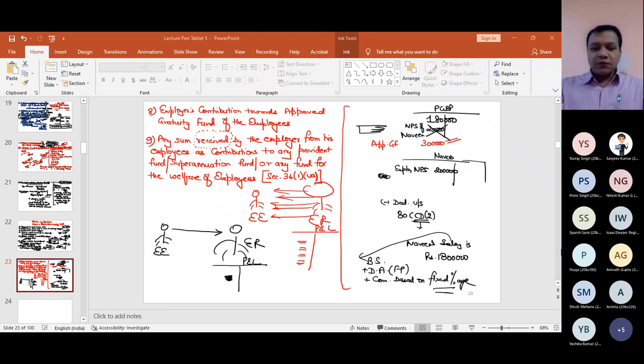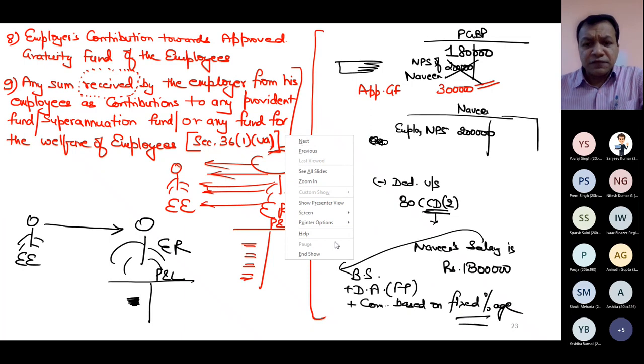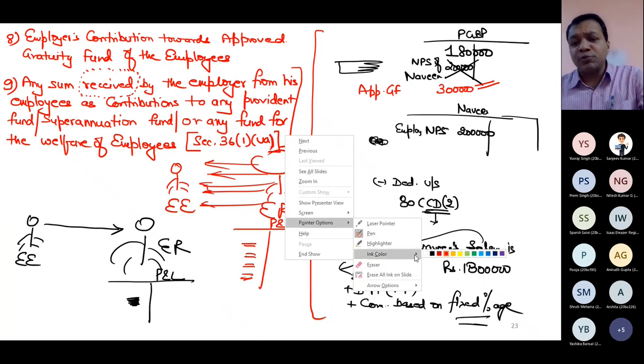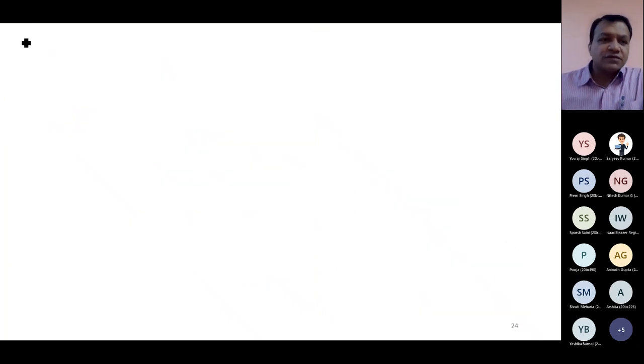Why is this so? The reason is that any such amount which is received is first treated as income of the employer. So I'm moving to the next page just for explaining.